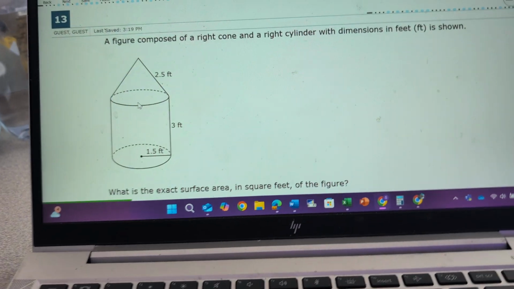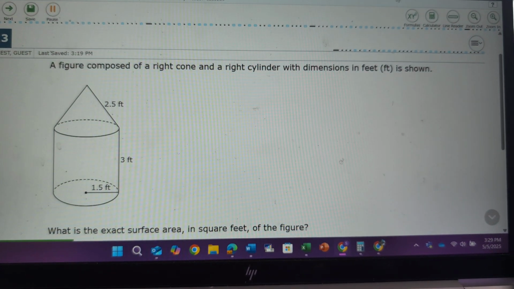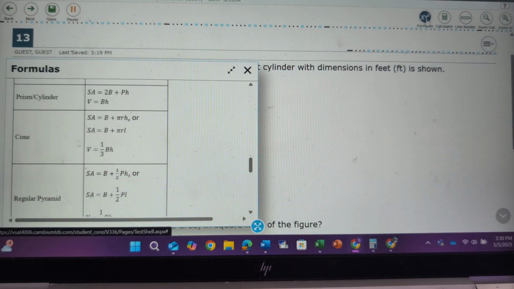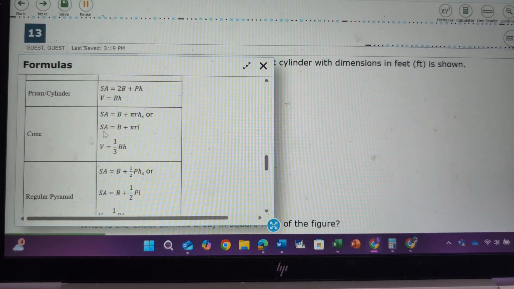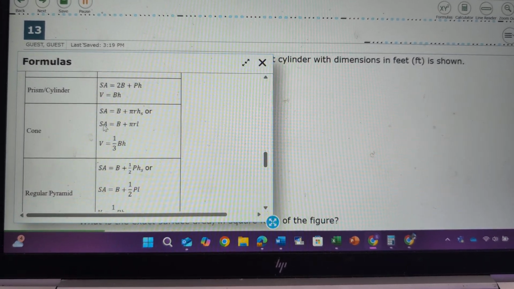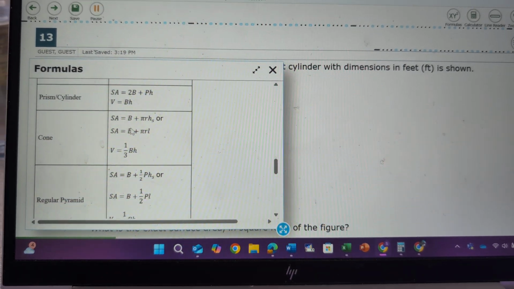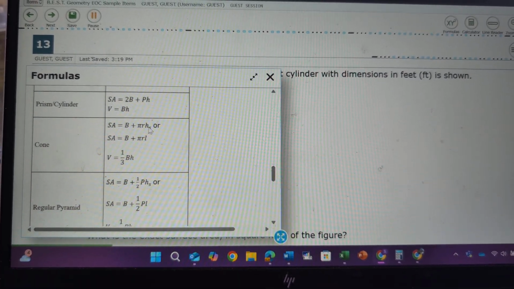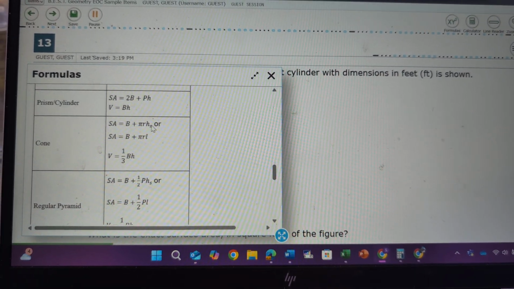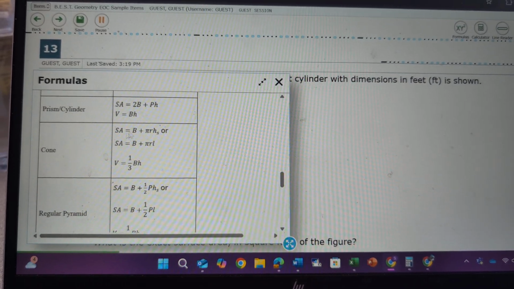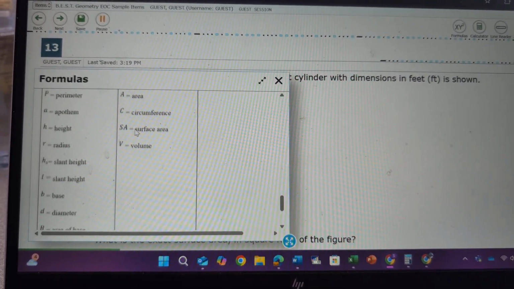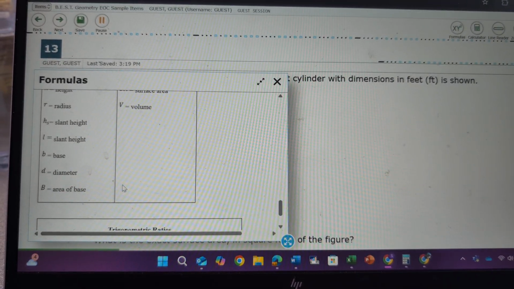And we're going to go over to our formula sheet to get the formulas for the cone and for the cylinder. So surface area of a cone. There's two formulas. They mean the same thing. The base plus pi r times the height. Now, what is that big B? That big B is the area of base.